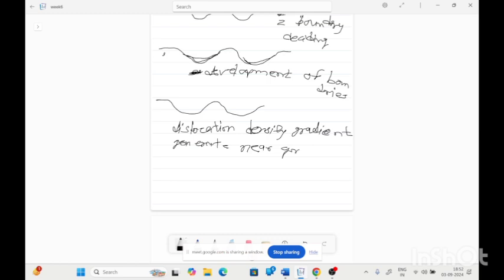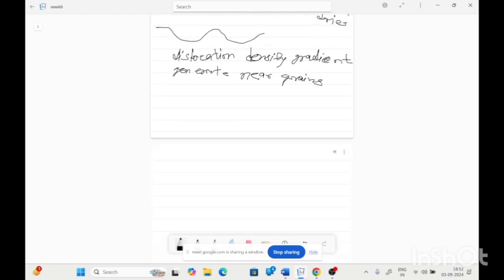Near grains. So the dislocation density gradient is the driving force for the grain boundary bulging to occur.